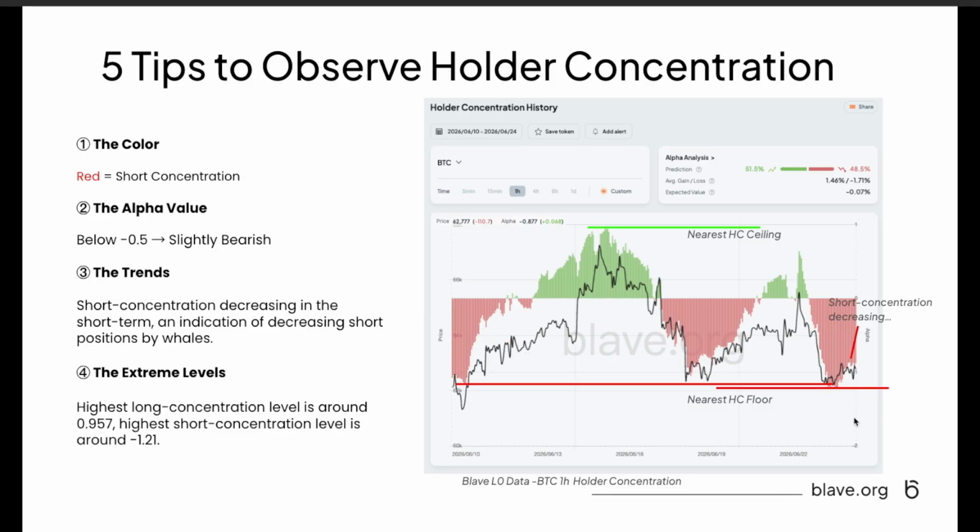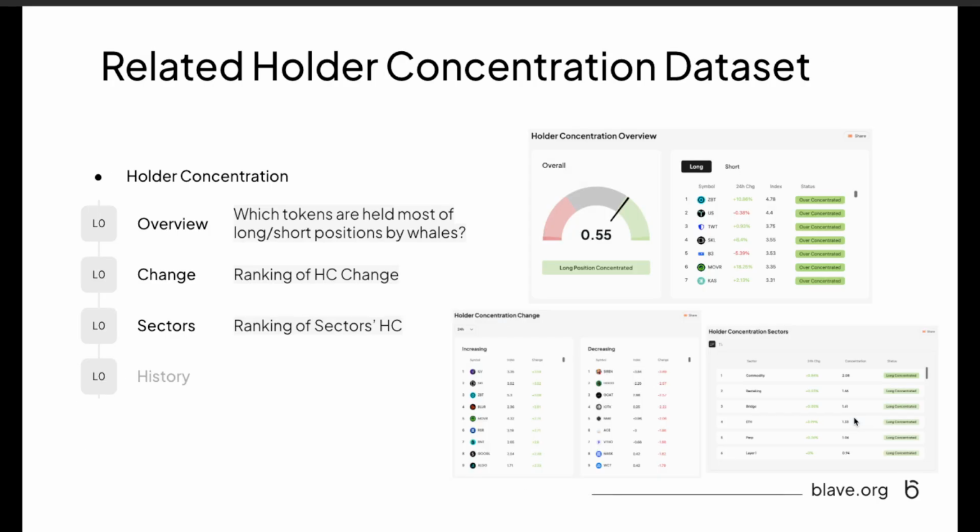The important thing is you should keep observing the change of holder concentration and see if there is any pattern you could utilize. It could be helpful for short-term swing trades.